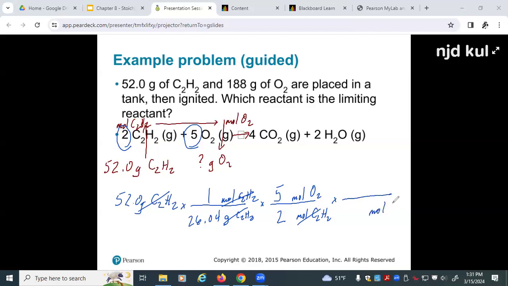Final step, I need to turn moles of oxygen into grams of oxygen. For that, I need a molar mass. Molar masses come off of the periodic table. Molar mass of oxygen is 16. 16 times 2 is 32. So my moles of oxygen cancel. Now I've got grams of oxygen.